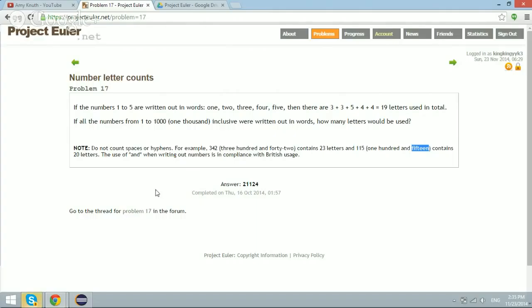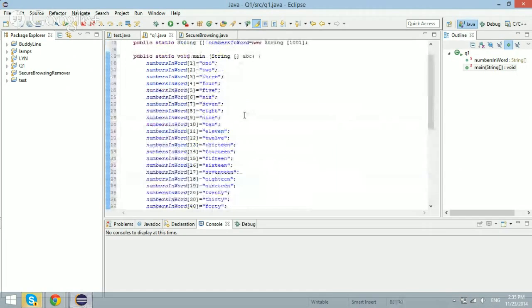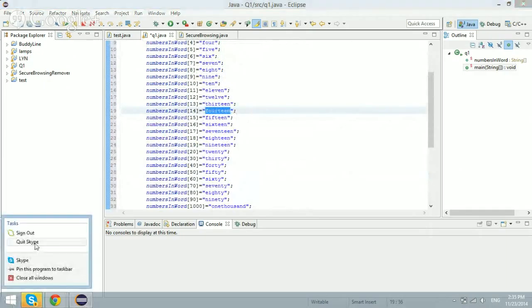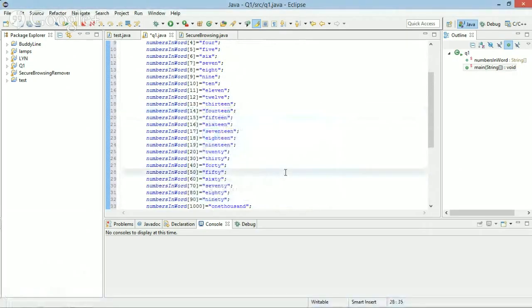So for this question, you need to convert the numbers into English words, and you need to calculate how many letters are used in these words.